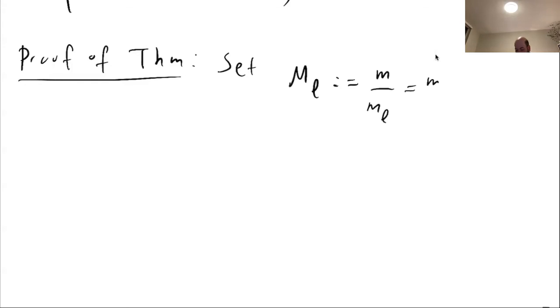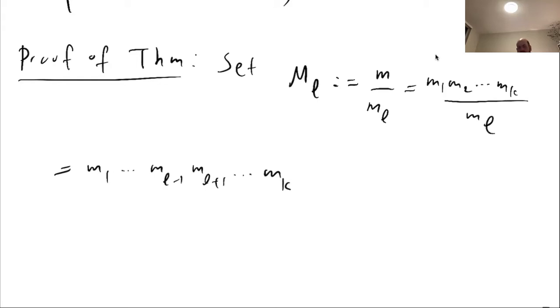It's going to be M1 times M2 up to MK over ml. This is the same as the product of all MIs except ml itself: M1 times up to ml minus 1 times ml plus 1 all the way to MK. This number I'm going to call capital ML.